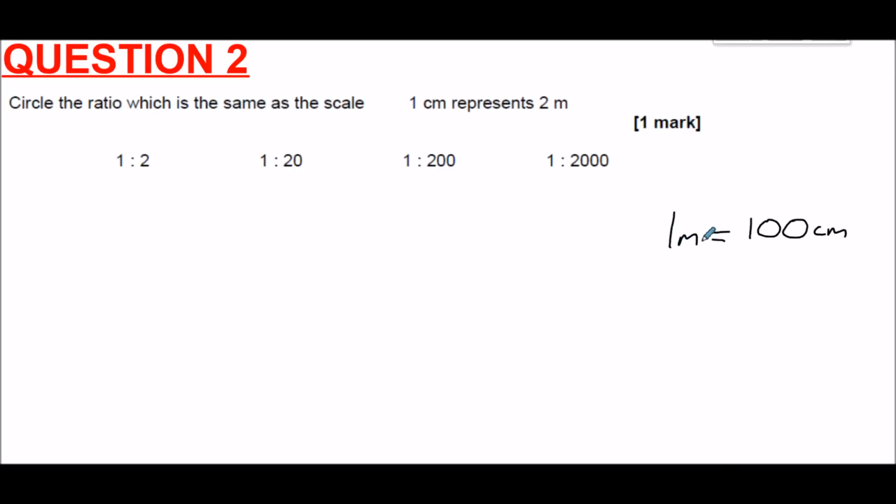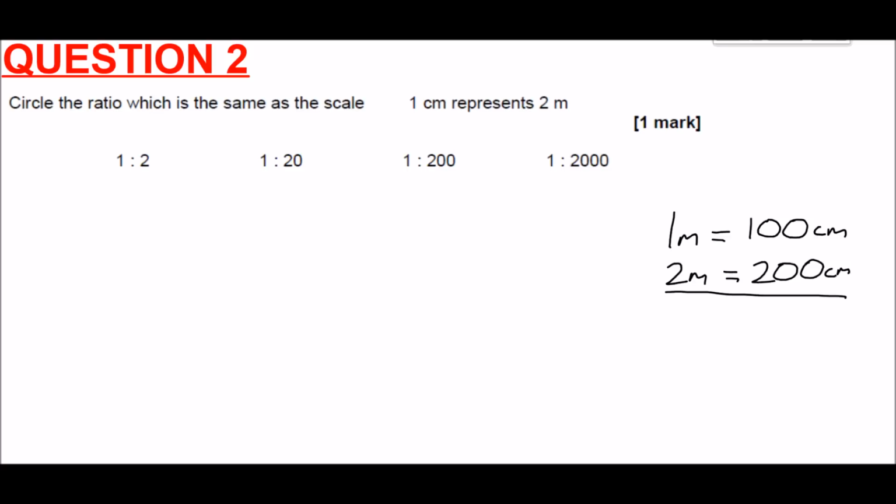Effectively, you need to know that a metre is 100 times bigger than 1 centimetre. And so if 1 centimetre represents 2 metres, and we know that 1 metre is 100 centimetres, if we multiply by 2, that tells us that 2 metres is 200 centimetres.